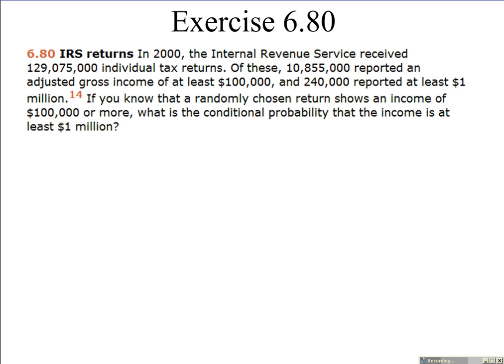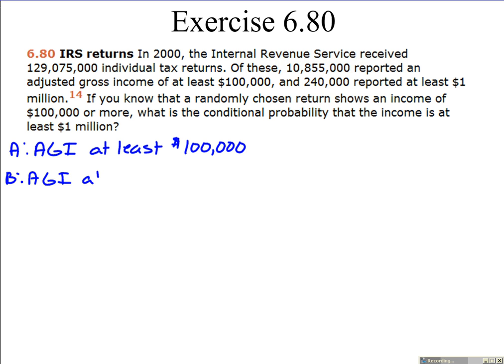So let's again define our variables here, what we're going to talk about in terms of our events. Let's let event A be an adjusted gross income at least 100,000. And let's let event B be that our adjusted gross income is at least 1 million.